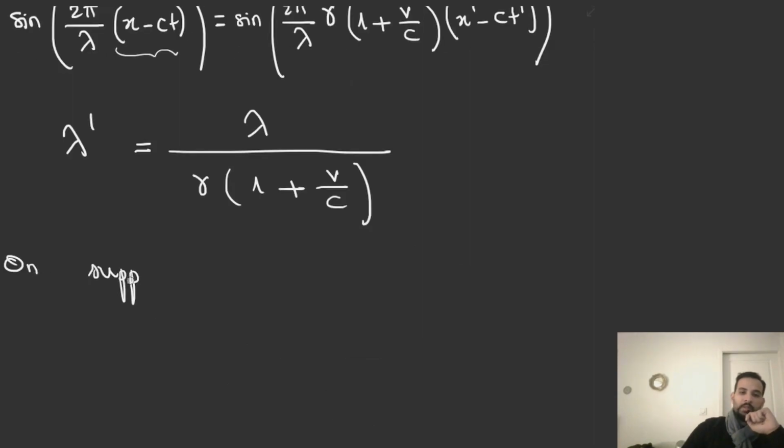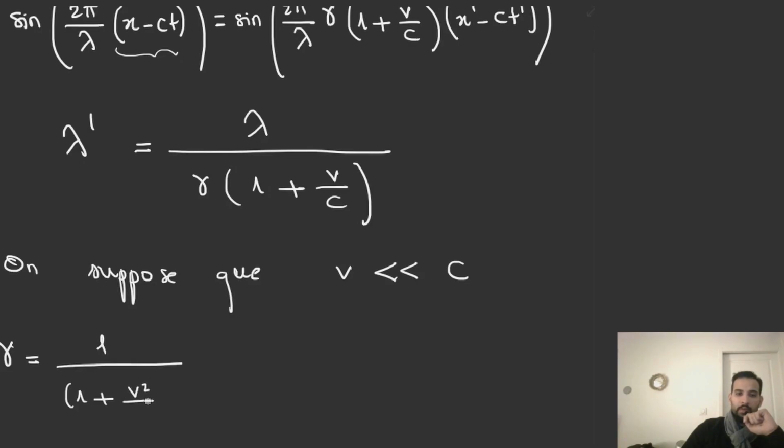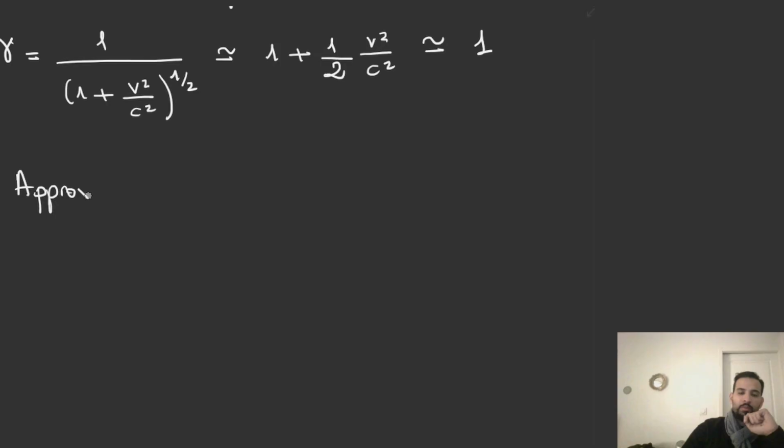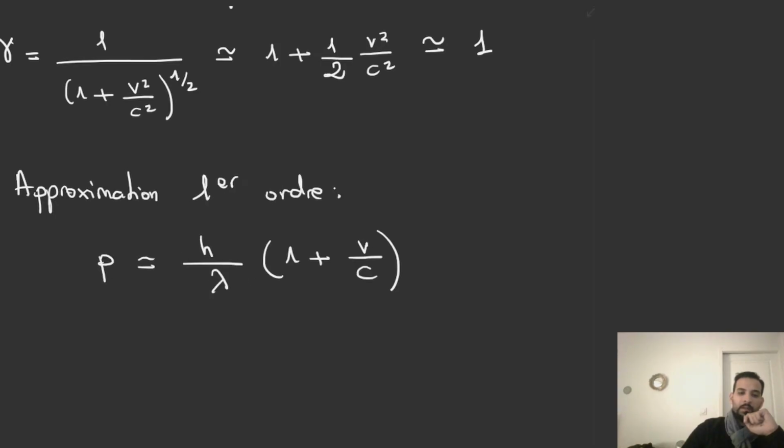We perform an approximation by assuming that the speed of the box is much less than the speed of light, and so we can expand the gamma term to first order, a Taylor expansion, and we find γ ≈ 1. Thus, to first approximation, the momentum of the blue photon shifted to the right becomes p = (h/λ)(1 + v/c).